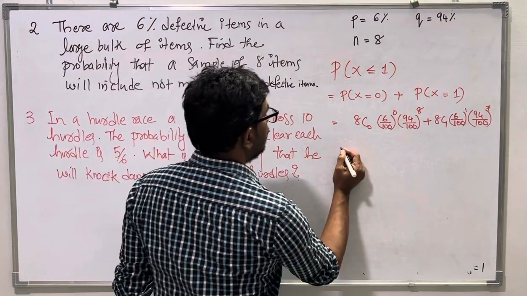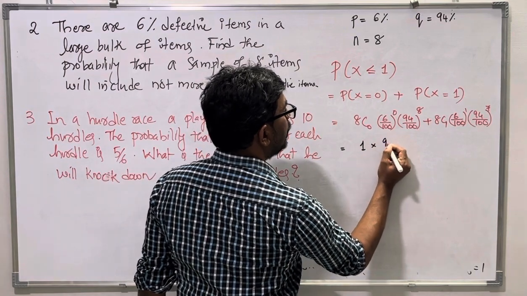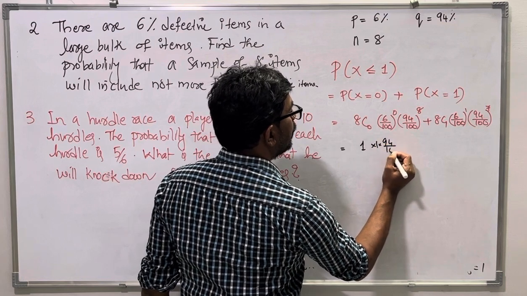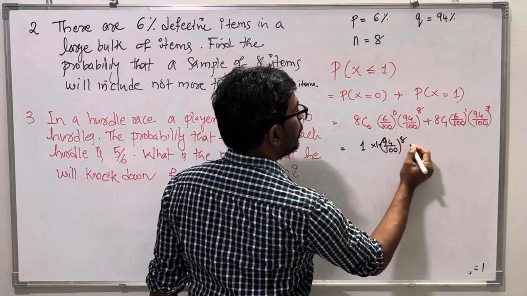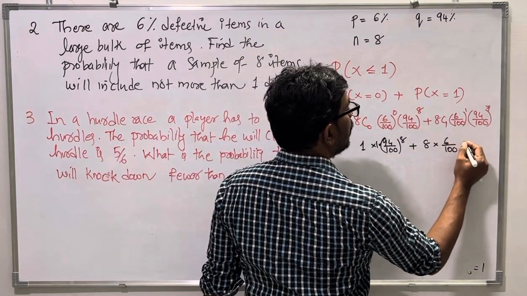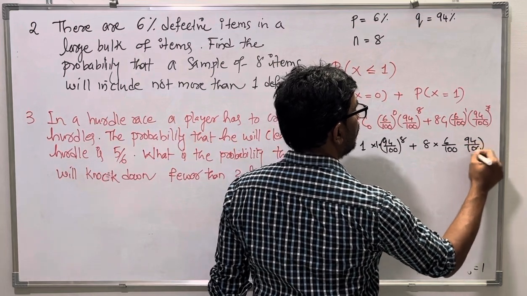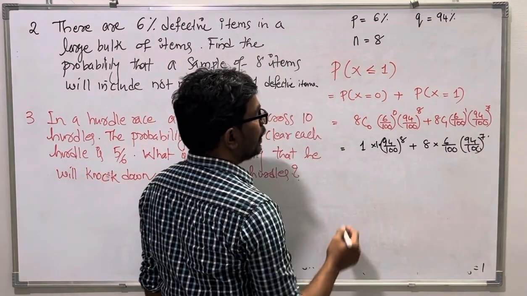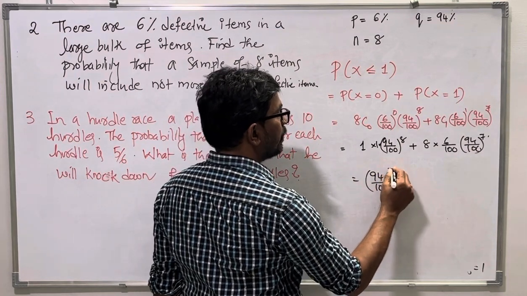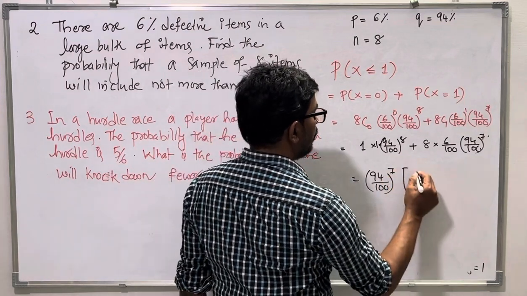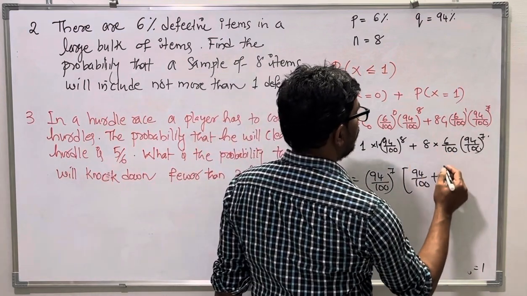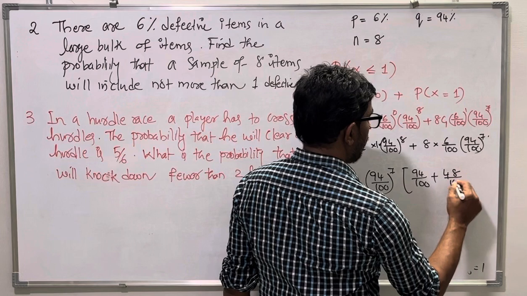Now if you simplify, 8C0 is 1, into 94 by 100 to the power 8. Here 8C1 is 8, into 6 by 100, into 94 by 100 to the power 7. If you want, you can take 94 by 100 to the power 7 as the common factor. And here you will have 94 by 100 plus 8 into 6, which becomes 48 by 100.